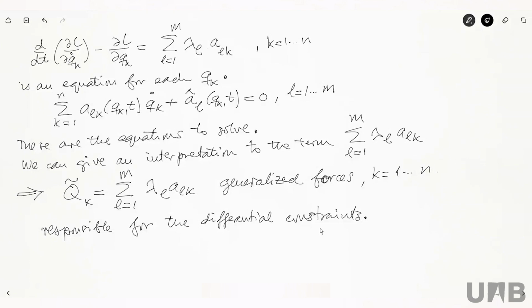But there are situations in which maybe we want to know what the forces responsible for the constraints are. So that will be a way to obtain them from this formalism of the stationary principle and Lagrangians.